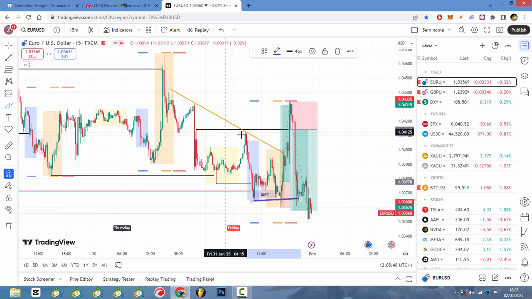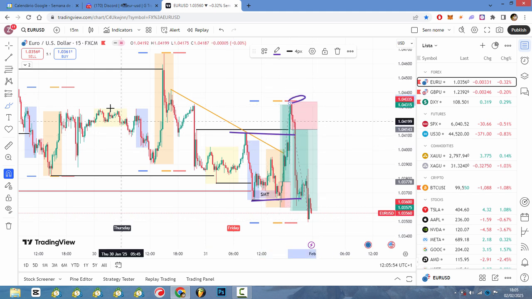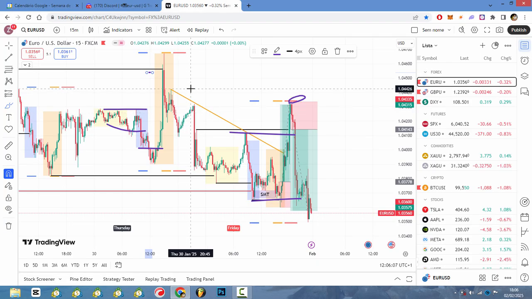And as soon as we take out Frankfurt highs or London highs, we also ran to the other way. Here, took Asia, ran a bit, took London, ran. Are you noticing that the highs and lows of each session are also the highs and lows that took liquidity from the previous session? Right? We can go even further.